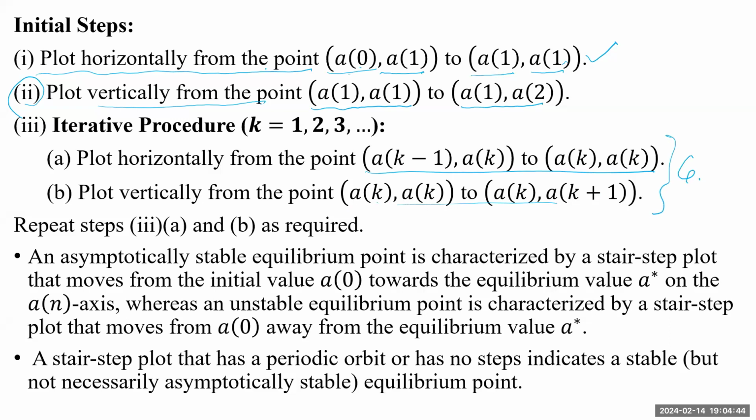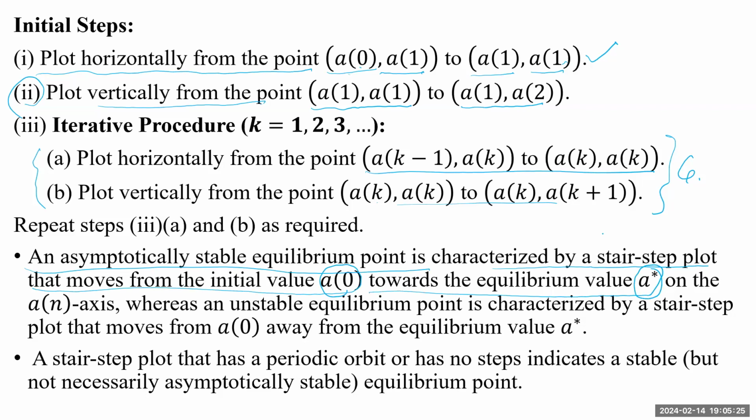So we construct the horizontal lines and vertical lines between y equals f of x and y equals x, and repeat those steps. You will get a stair steps plot. So what happened? An asymptotically stable equilibrium point is characterized by a stair-step plot that moves from the initial value A of 0 towards the equilibrium value A star.